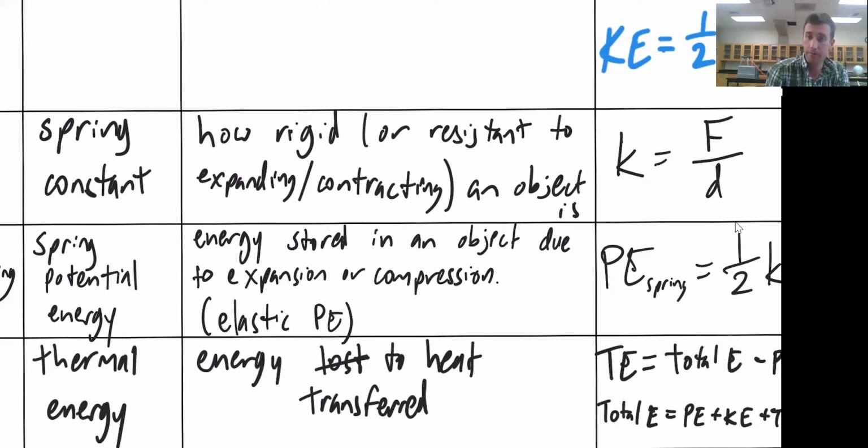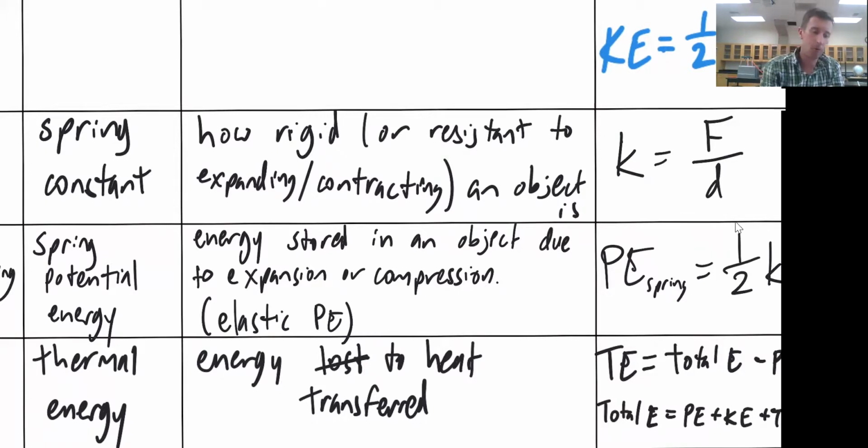I can solve for the spring constant by taking the force applied on the spring and dividing it by the distance that the spring moves when that force is applied. So for example, if I take this spring, this rubber band, I apply a force to it and I measure that force using my spring scale, and I note it stretches an extra 10 centimeters when I apply a force of 4 newtons.